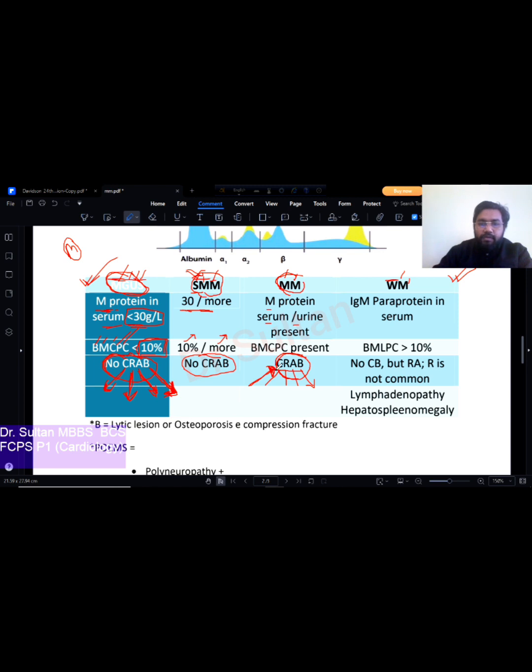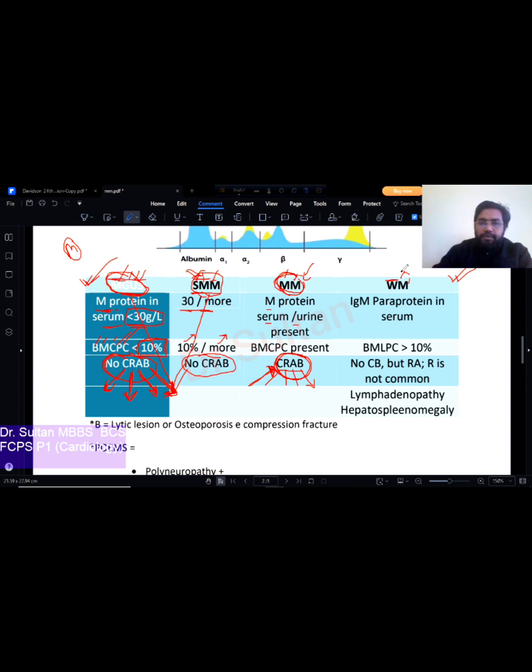So features of target organ impairment or CRAB are present in multiple myeloma, not in MGUS or SMM. These two will have no target organ impairment.